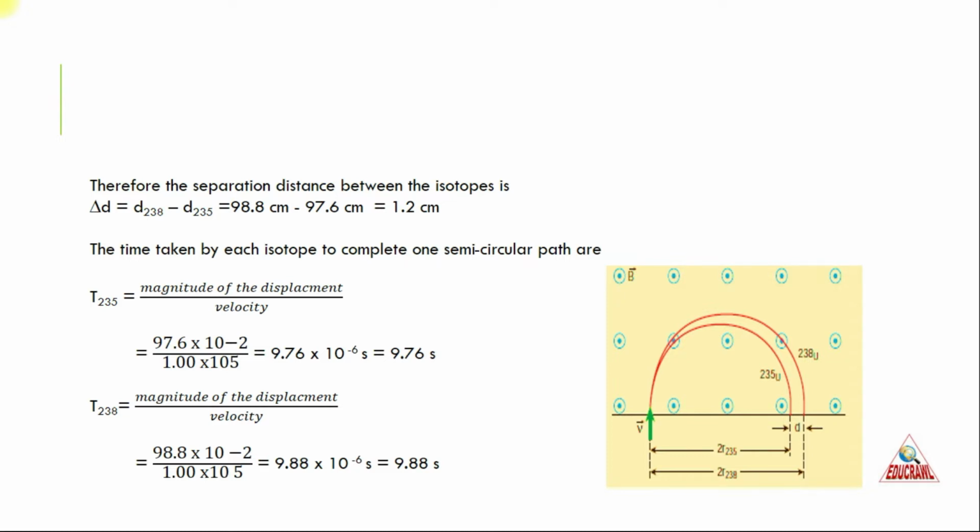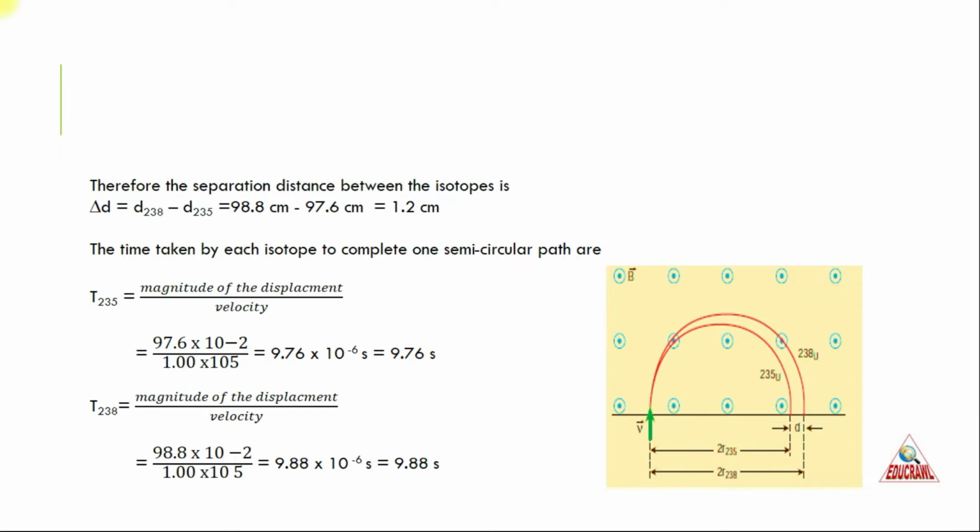So substituting that in the formula, T is equal to displacement by velocity, we get 97.6 into 10 power minus 2 divided by 1 into 10 power 5, which is the velocity given in the question. So simplifying, you get the answer as 9.76 into 10 power minus 6 second.